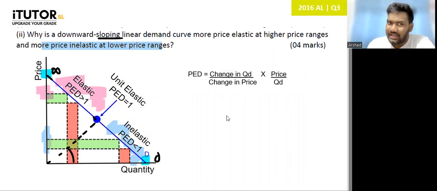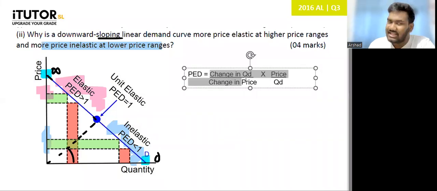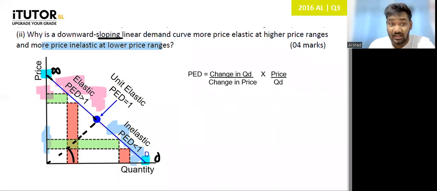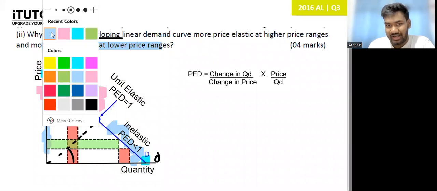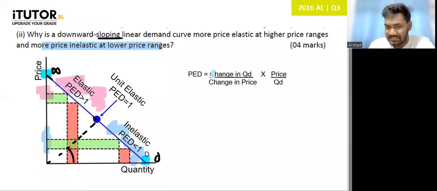If you take the PED equation, it has two components. The first component is the change in QD over change in P. What is this also called? This is also called the slope of the demand curve. Or in other words, this is the B component, right? This is the slope of the demand. Can you tell me, when we find PED at different points, does this slope change?